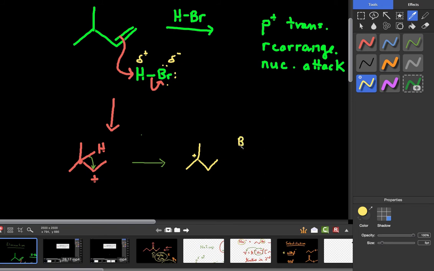Also, bromide is in solution, which was the leaving group when the proton transfer occurred in step 1 of this mechanism. And then simple nucleophilic attack. This nucleophilic attack can occur from above the plane of this molecule or from below the plane of this molecule, so you get a racemic mixture of each of these.